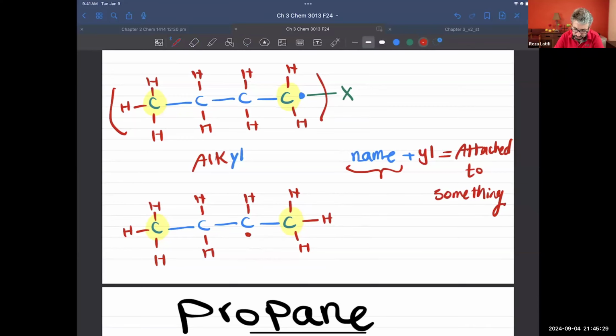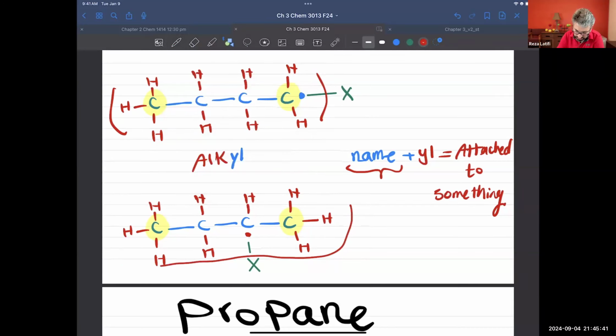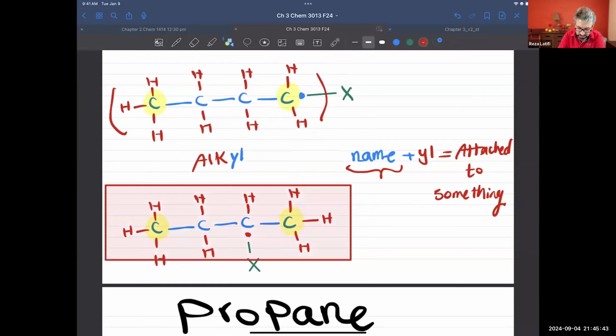So that carbon will go after a substituent, it's going to go after something, and it will be attached to X. And this piece, the entire thing I'm going to highlight, I'm going to call it alkyl. So alkyl is missing one hydrogen and is attached to something.